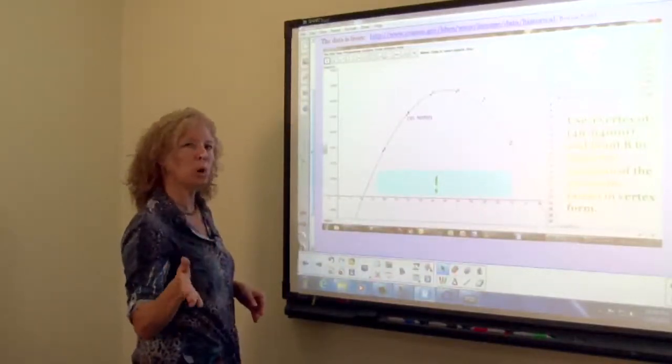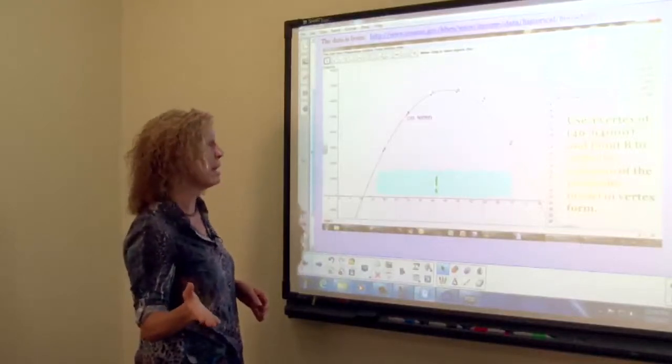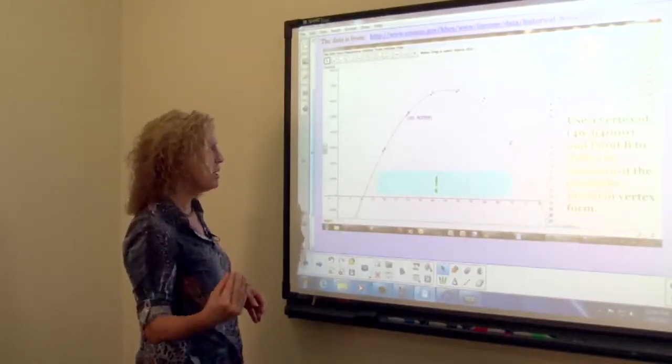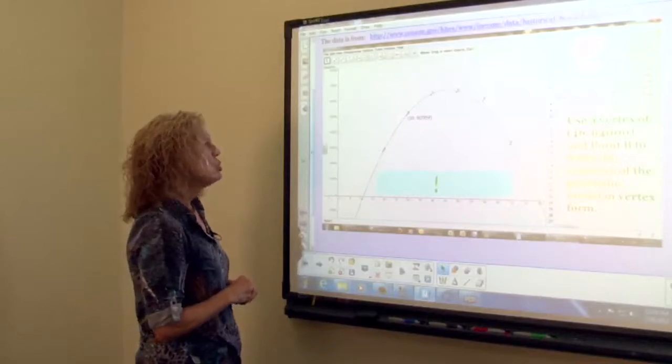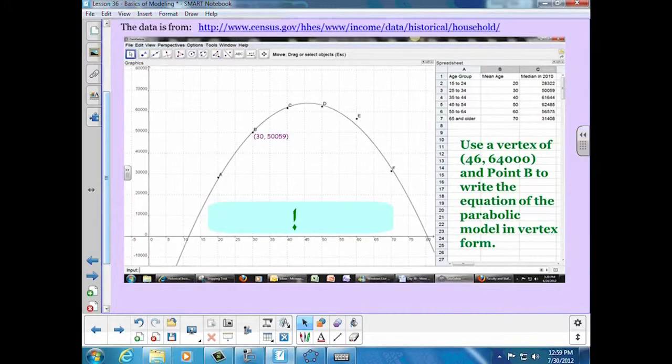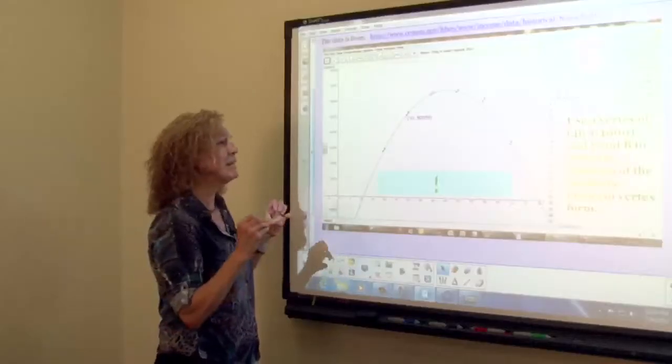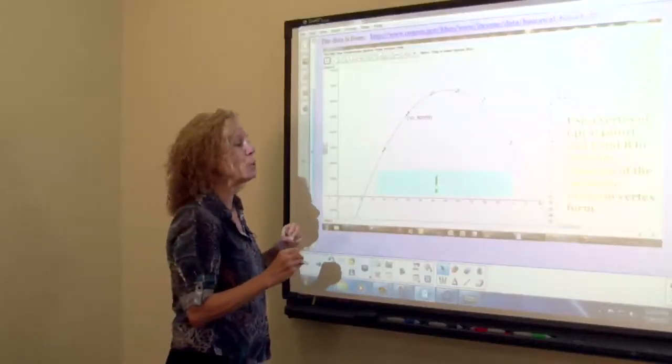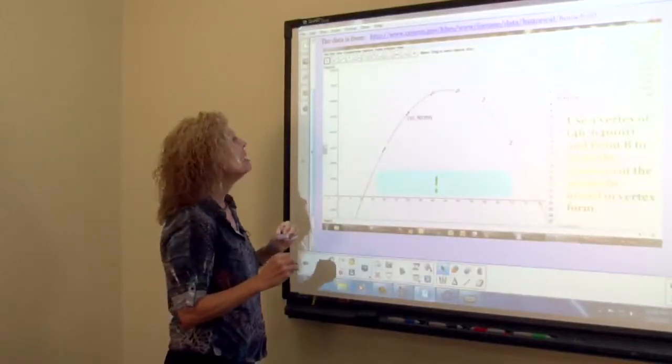And since we do work with quadratic equations quite a bit in college algebra, I wanted to pull this. So I want us to use a vertex, and you can see that the vertex seems to be falling just past 46, and then it seems to be at about 64,000, okay? And then we're going to use that point, and we need one other point in order to write the equation of the parabola.